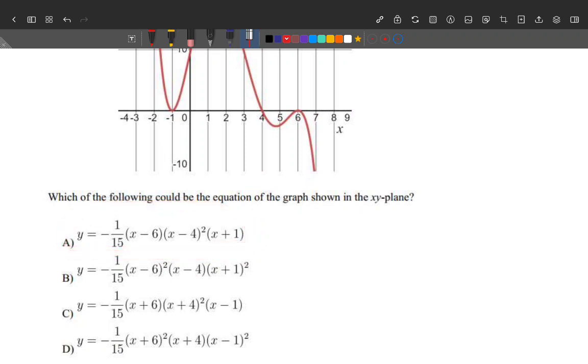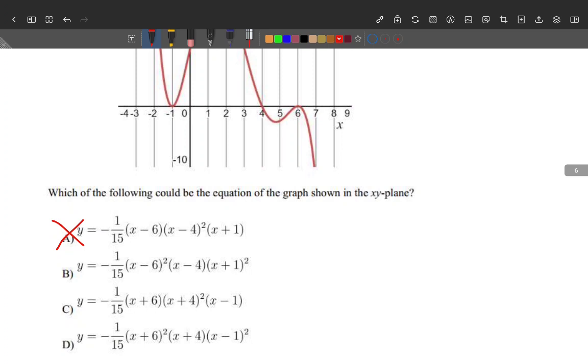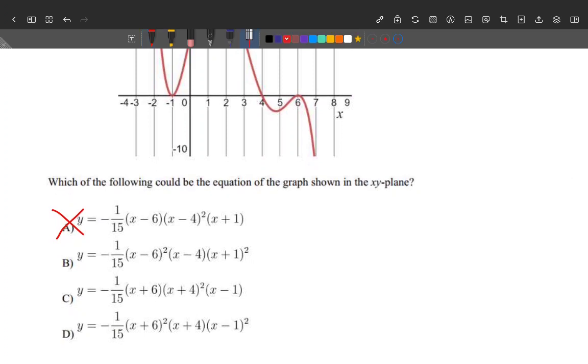You can check it. If x is negative number, overall will be positive. Because of this variant we can eliminate. About this, if x is very big number, it will be negative, yes, it's okay. If x is very small, negative infinity, it will be infinite negative.